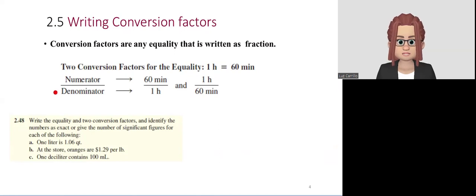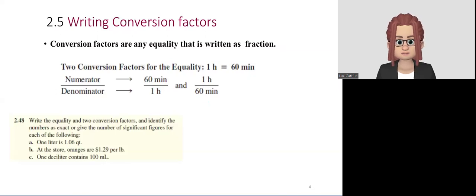When we have an equality, as long as you put the different parts of the equality either in the numerator or the denominator, it will be correct to write. So as you can see, in the equality 1 hour equals 60 minutes, either side of the equality could be the numerator or the denominator. So for any given equality, we can actually write two fractions.